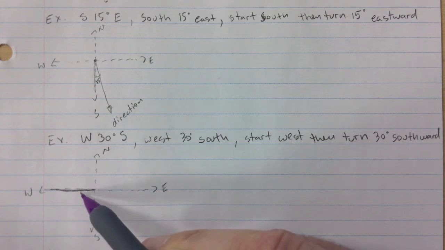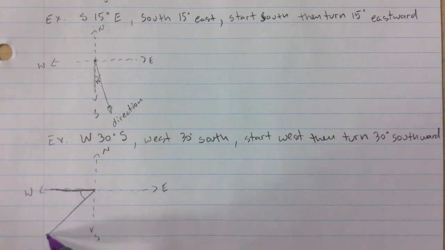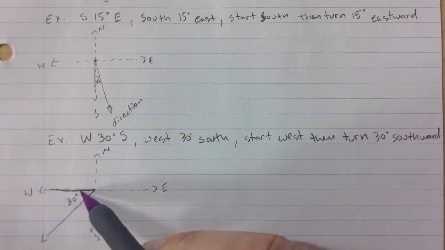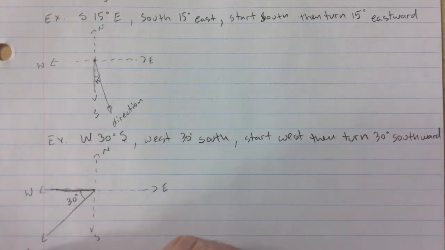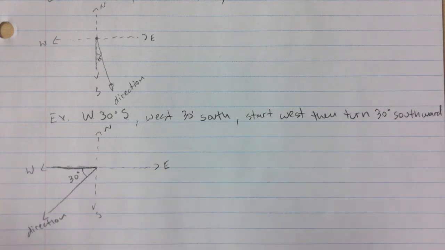Right, so you would turn 30 this way and then draw your line. And the 30 goes in here. It's between west and south, basically, right? So this is your direction. You're moving in this direction, but the angle formed is right here, okay?